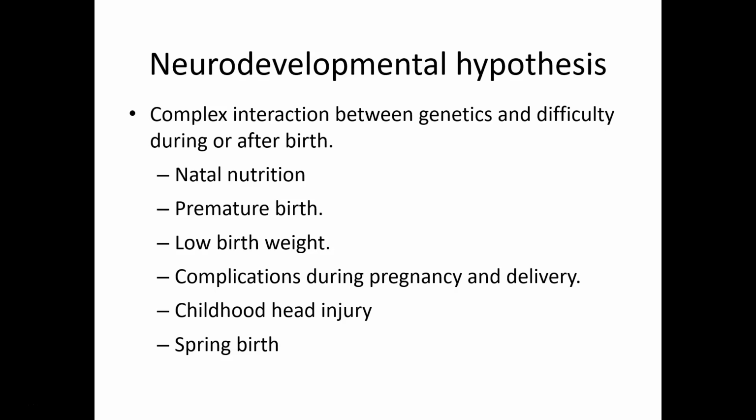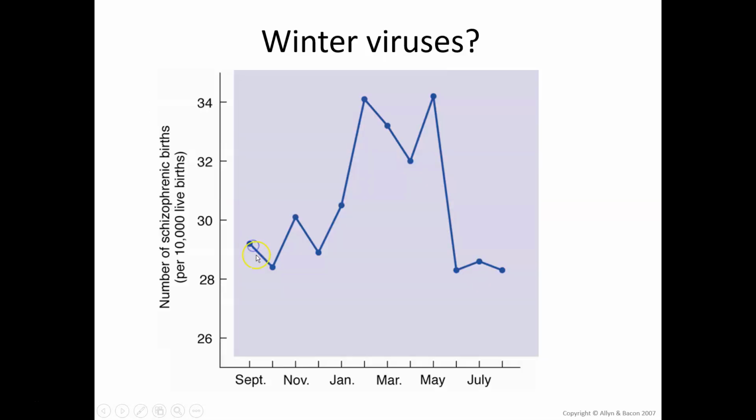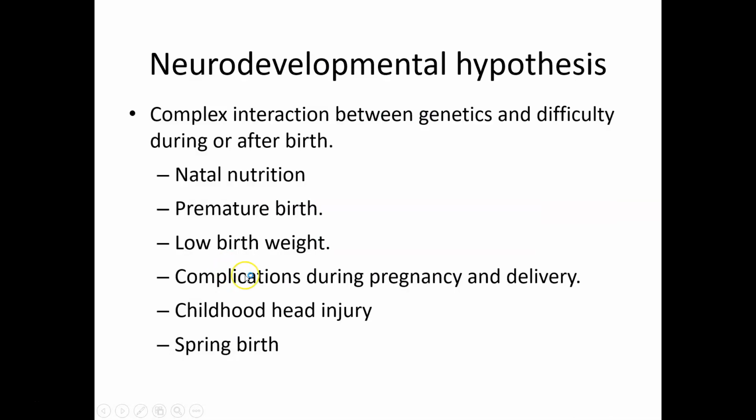That will include the following: natal nutrition, possibly a premature birth, low birth weight, complications during pregnancy and delivery. This can include things like preeclampsia, which is high blood pressure during pregnancy, interrupted blood flow or oxygen to the fetus during birth, spending too long in the birth canal, having the umbilical cord wrapped around the neck.